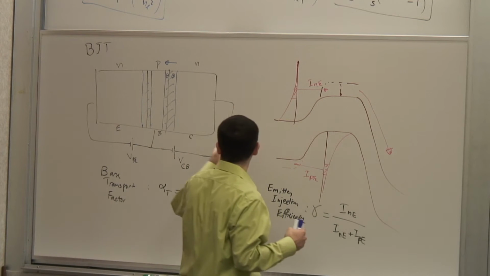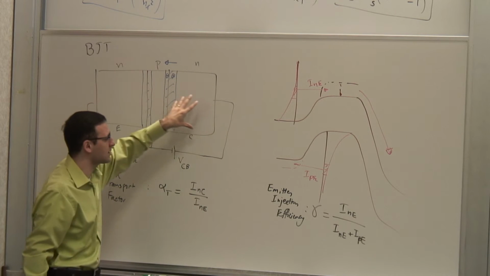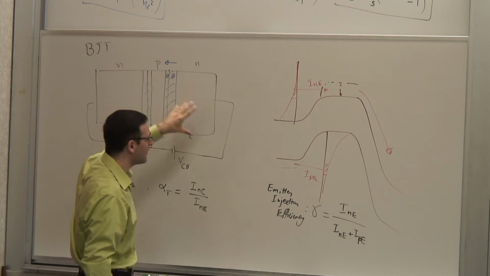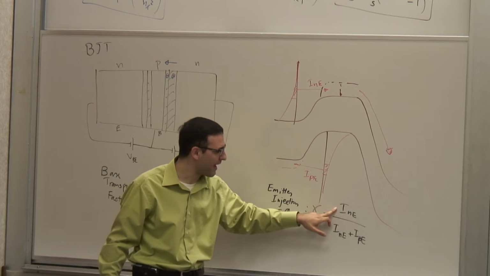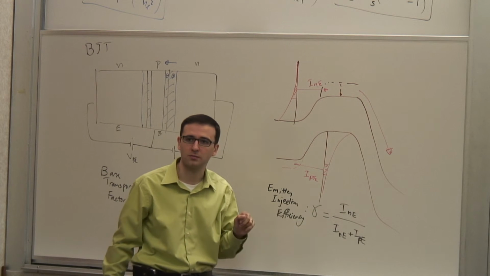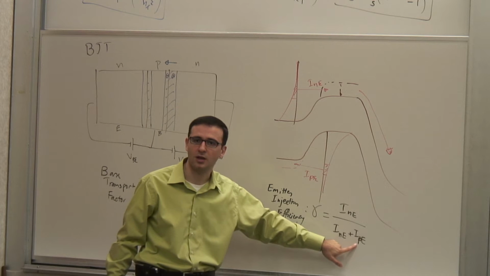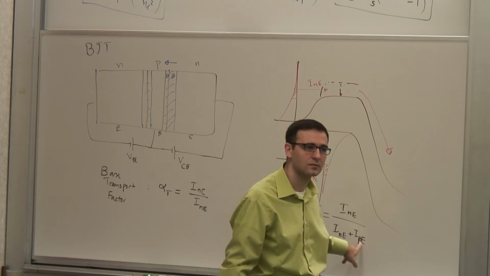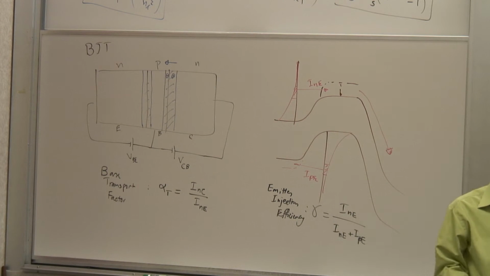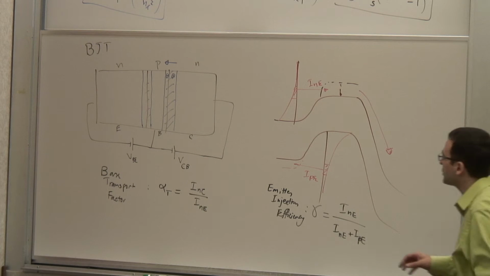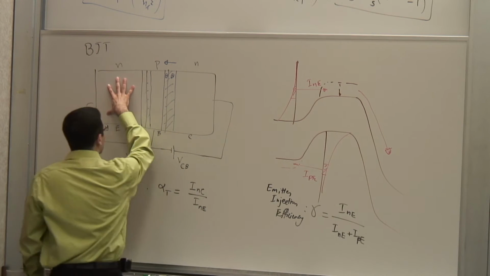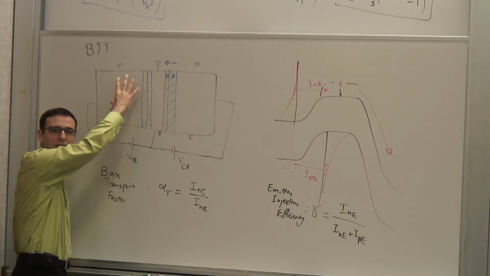Now, we saw that you can control this process. How can we maximize this? How can we make this as close to 1 as possible? You want this component to be as large as possible and this component to be as small as possible. How do you do that? Well, we saw that one way to do that is by having a much higher doping level on the N side than the P side, right?